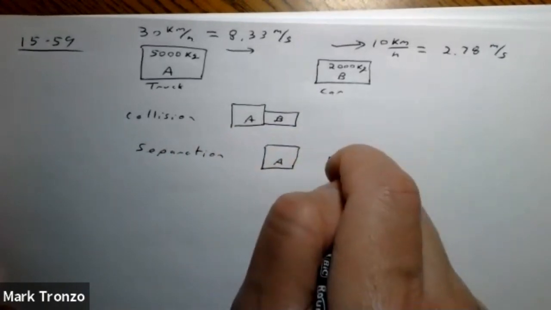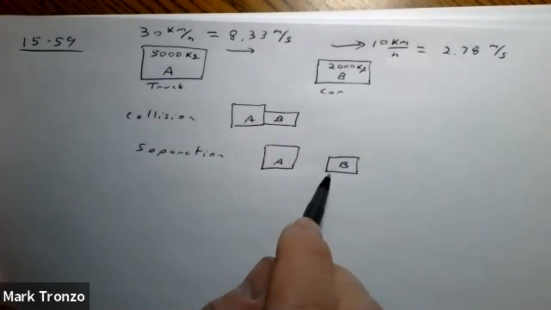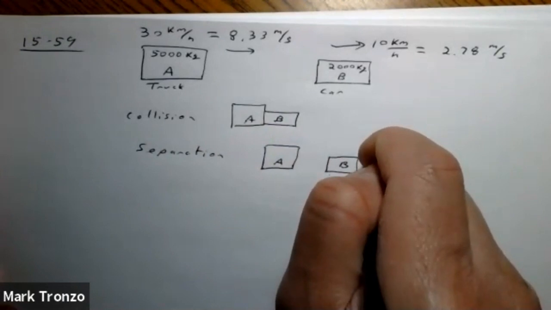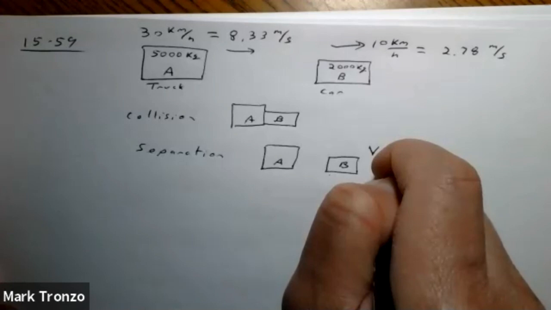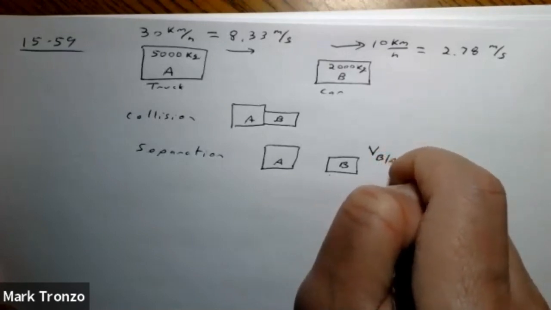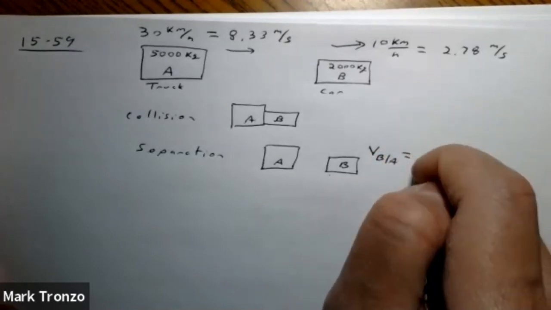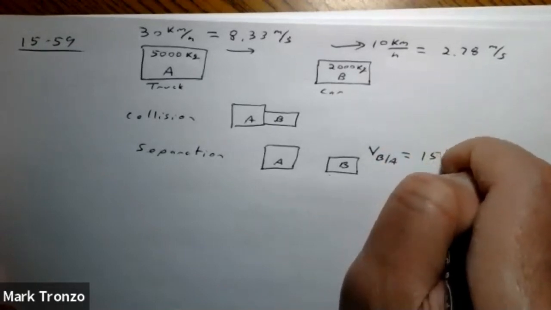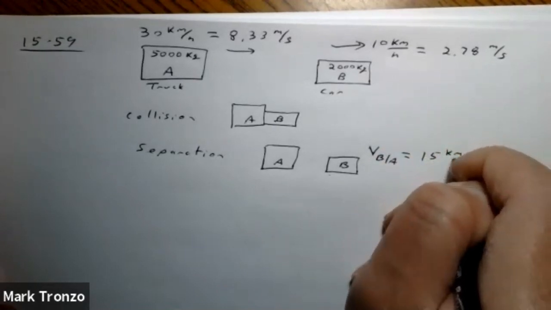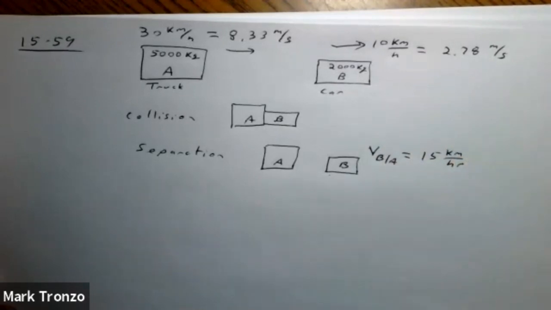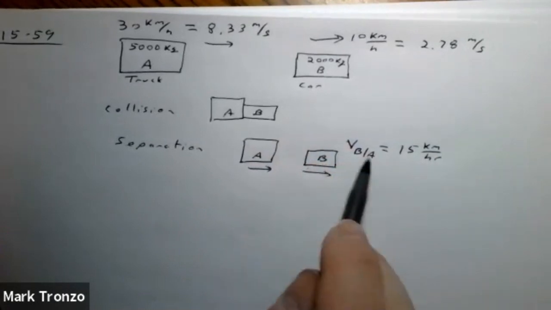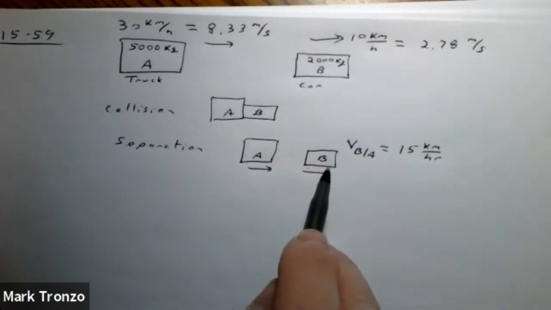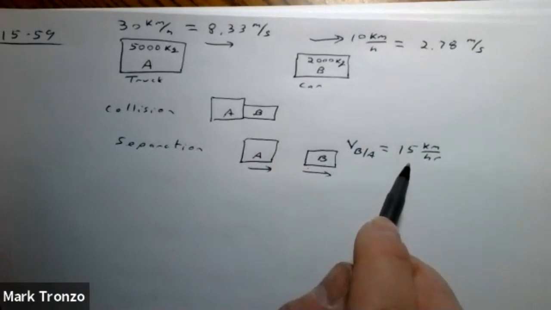Then we're told that VBA, car B relative to A, is going to be 15 kilometers per hour after the impact. They're both going to be moving forward, but the car is going to be moving away from the truck at this speed.